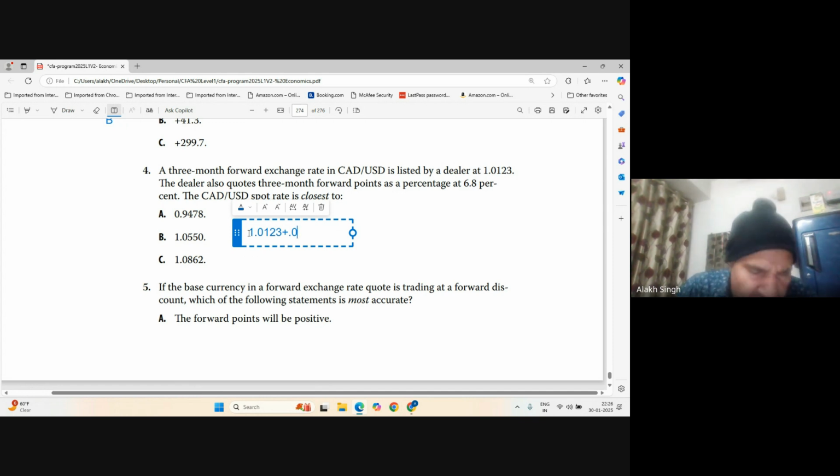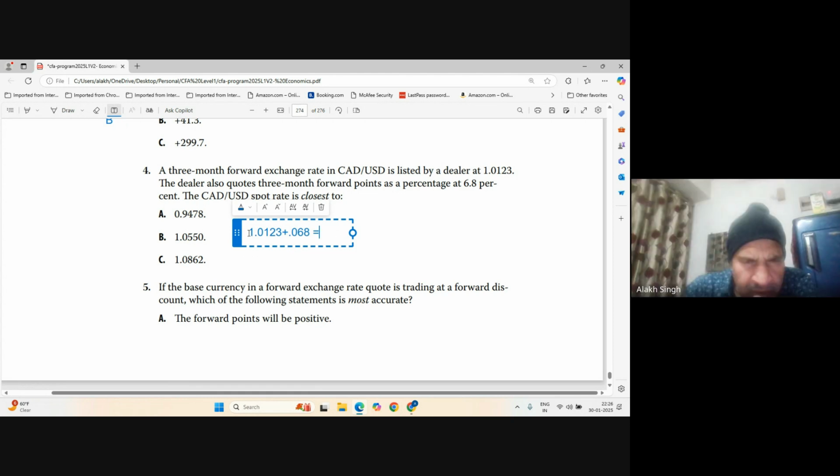Now you add this, how much does this come? Sir, should it not be 1.0123 times 1 plus 0.068? If you do that, it will give almost the same result.